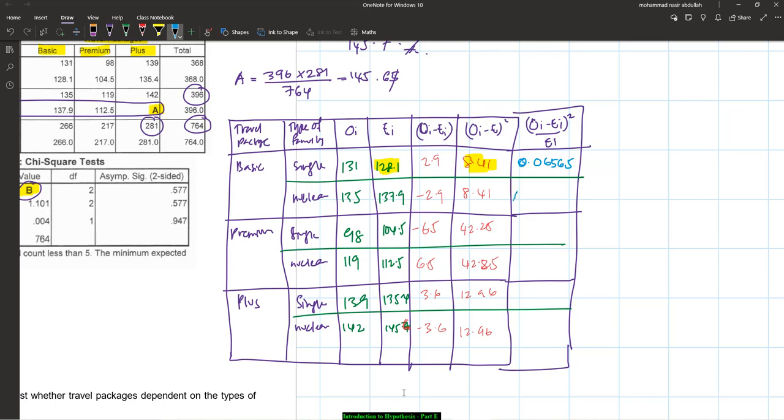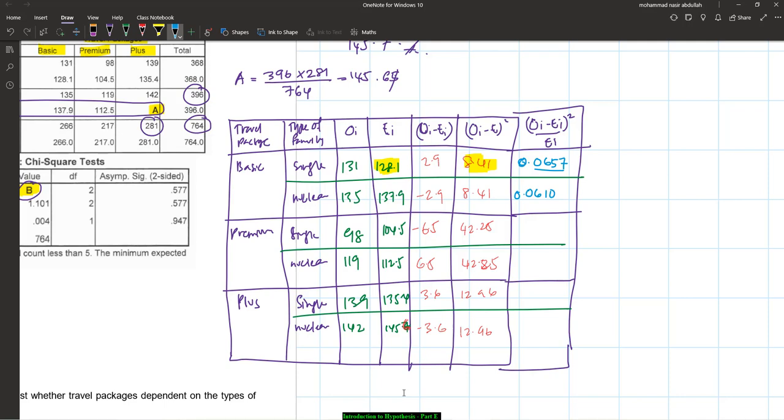This one should be 0.0610. So how many points we got? I think I'm going to get until 4 decimal points lah.